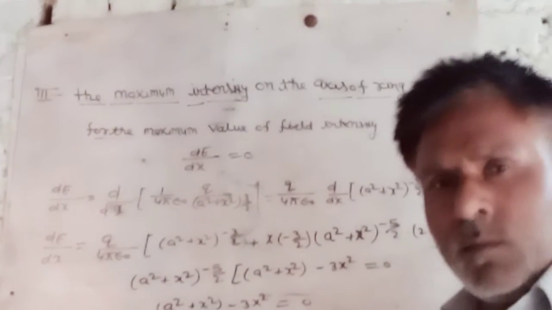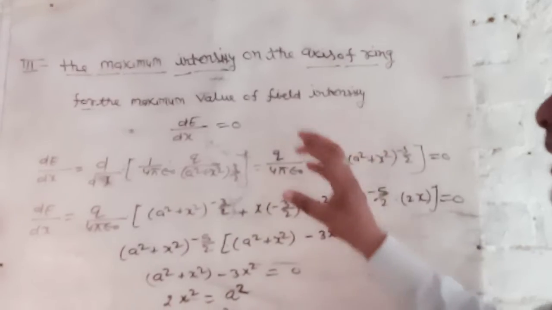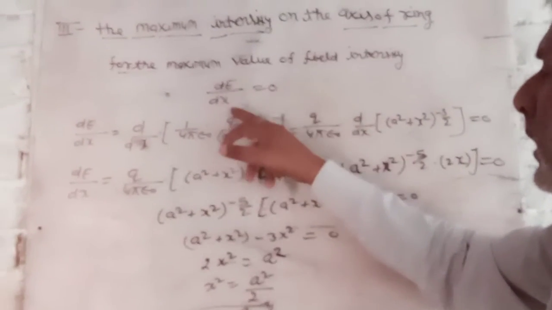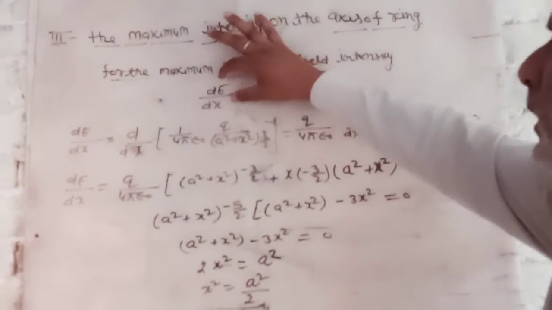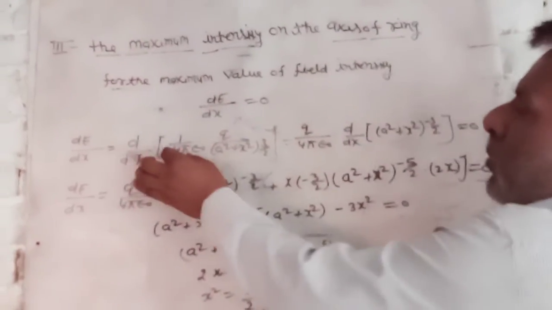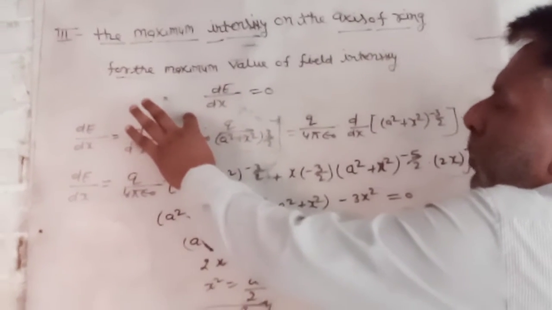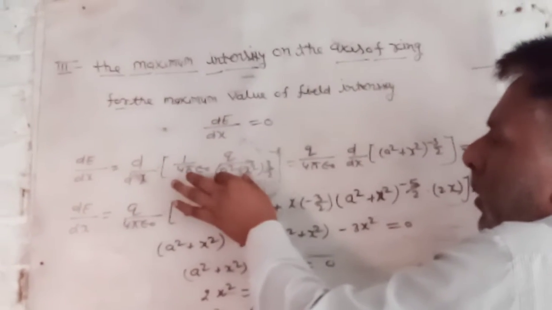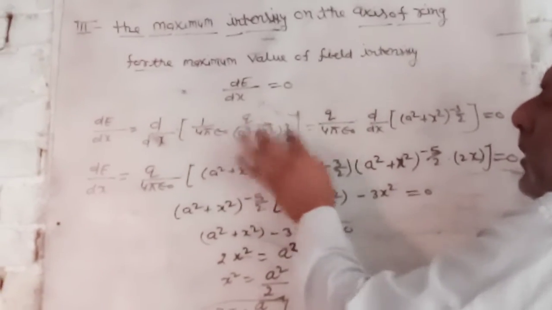We calculate the maximum field intensity on the axis of the ring. For the maximum value of the field intensity, dE upon dx is equal to 0. जिस पॉइंट पर फील्ड इंटेंसिटी मैक्सिमम होगी, वही होगी जहाँ पर dE by dx की वैल्यू 0 होगी. तो डिफरेंशिएट the dE by dx, तो d by dx इंटू ब्रैकेट 1 upon 4 pi epsilon 0 Q by a square plus x square power 3 by 2.